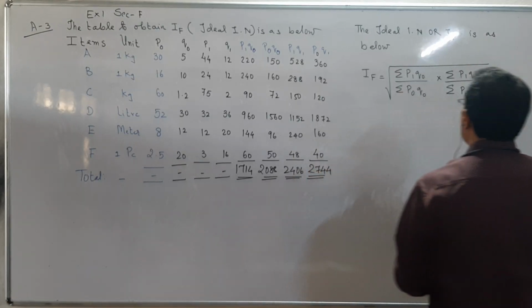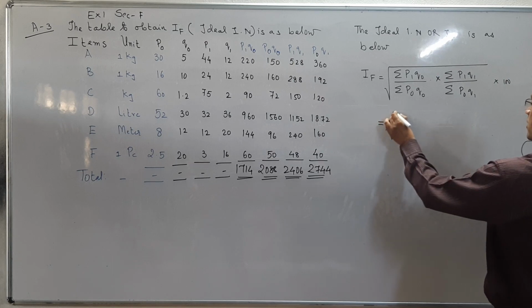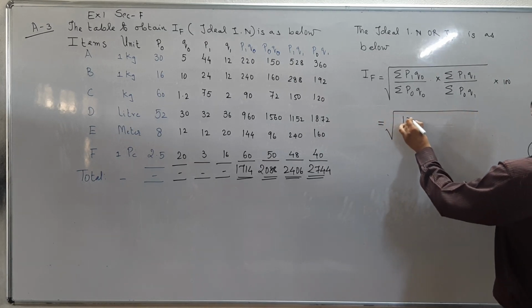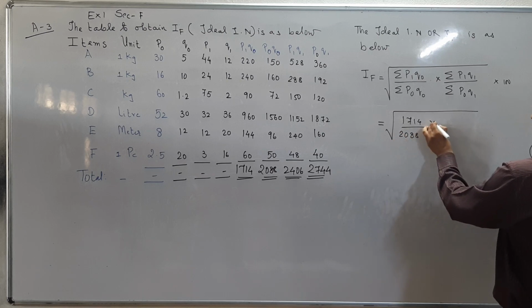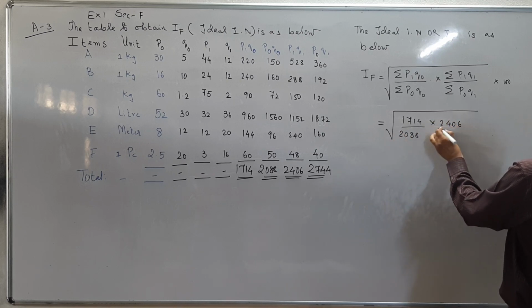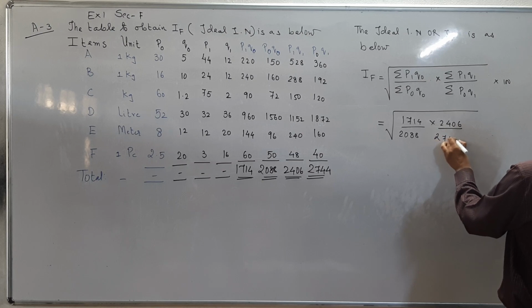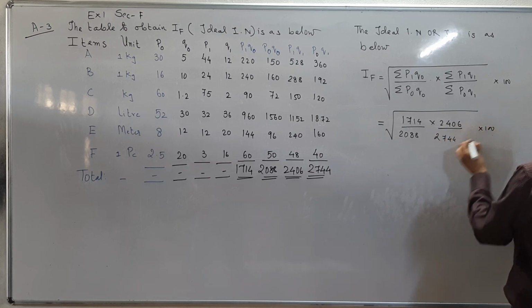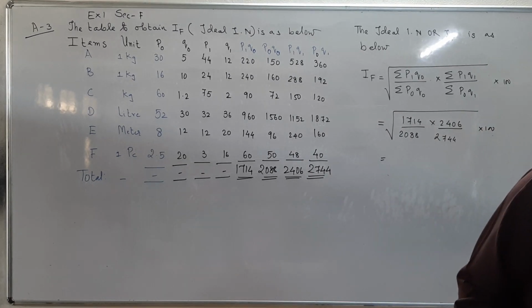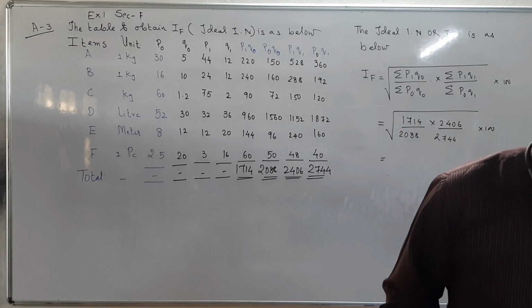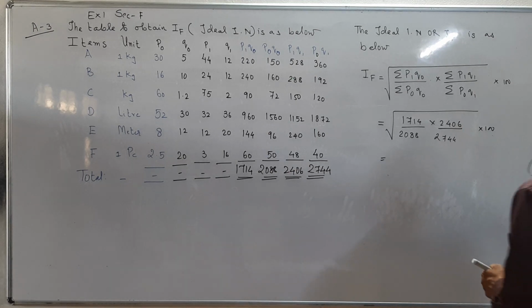Yes, substituting the values. So this is square root of 1714 upon 2088 into 2406 upon 2744 into 100, and simplify, and students getting the final answer, it is 84.84.